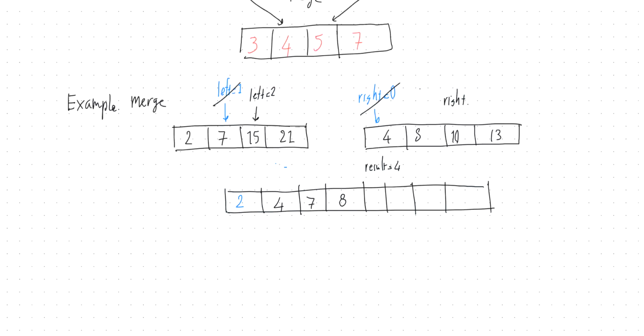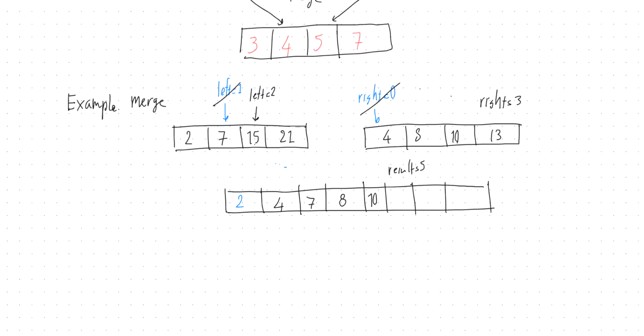So now we are comparing 15 and 10. 10 is smaller, so we write it here. Now right becomes 3. And result also should go forward. The result is 5. Here, right?